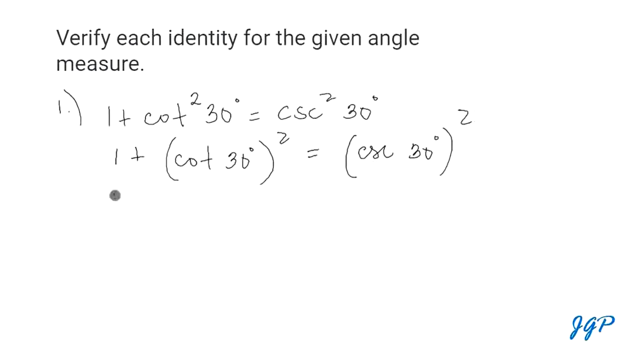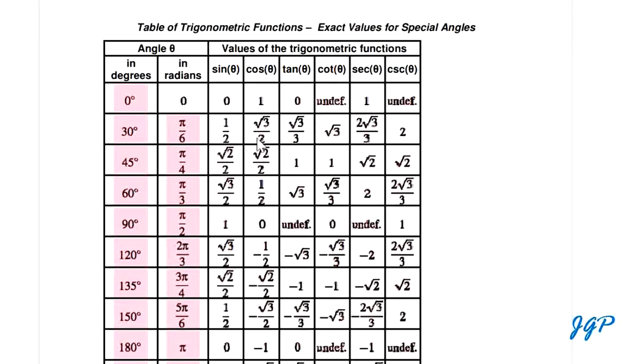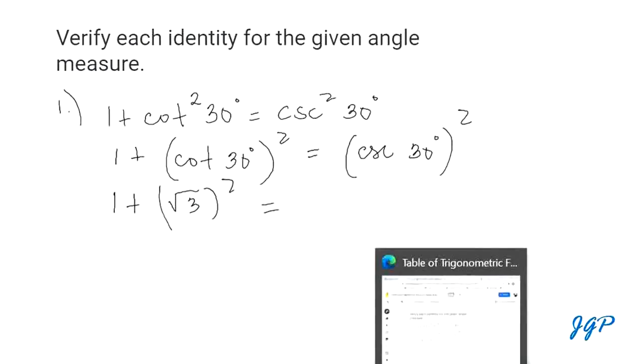So, 1 plus, let's look for the value of cotangent 30 degrees. Cotangent 30 degrees, this is the function, and this is 30 degrees, so therefore that is square root of 3. Square root of 3, and then squared, is equal to the value of cosecant 30 degrees.